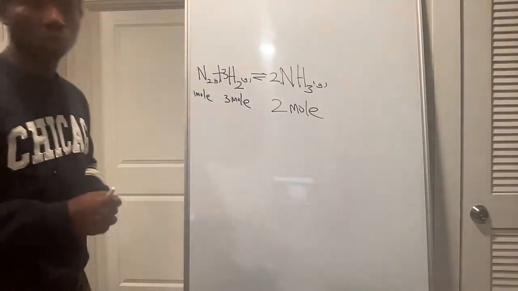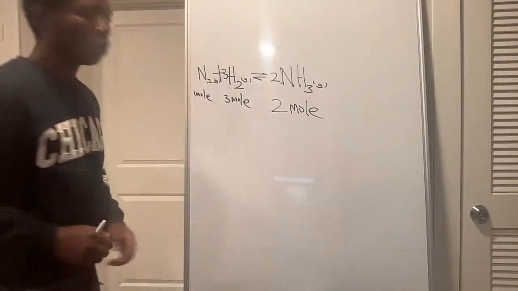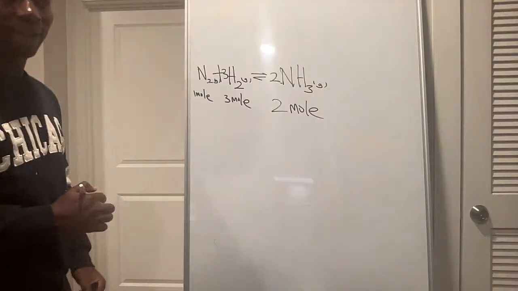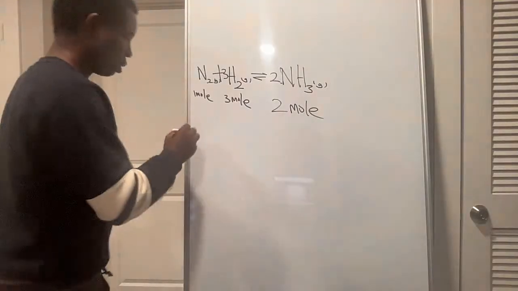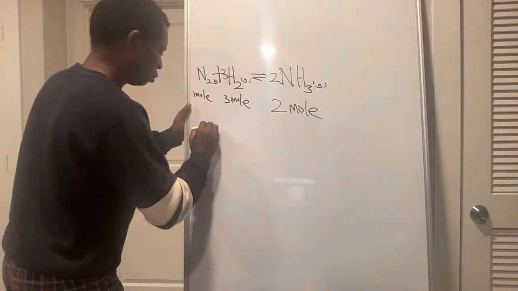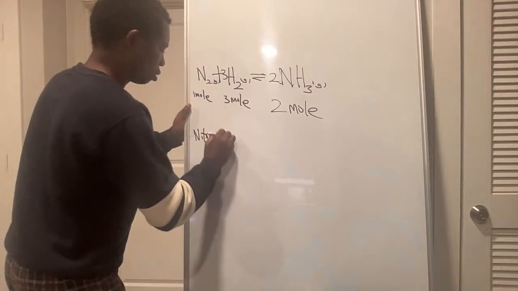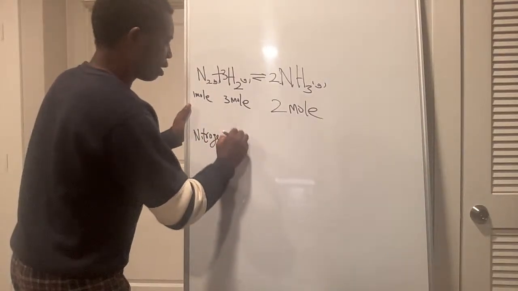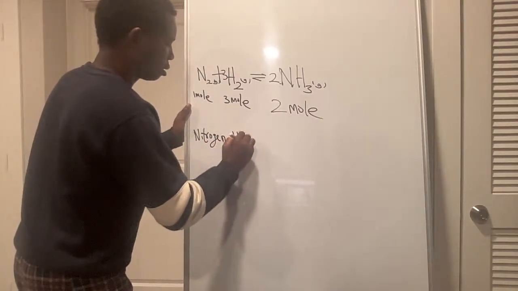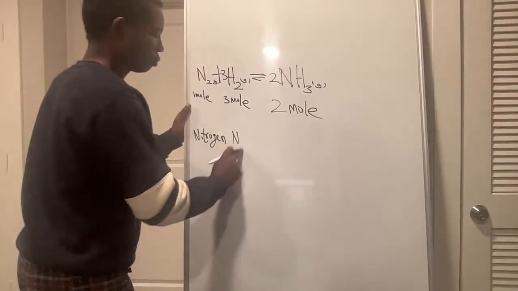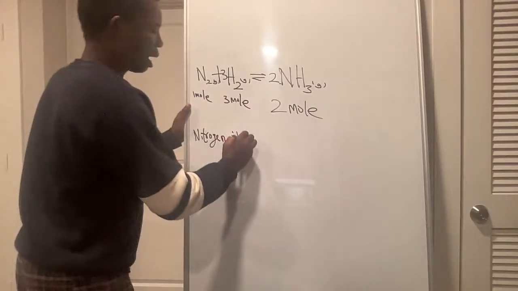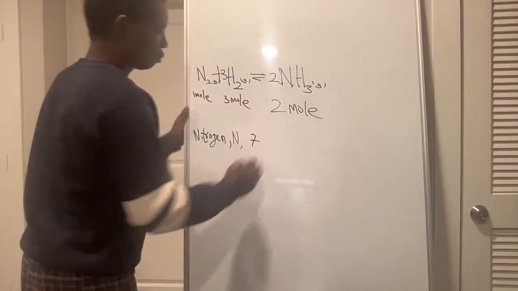Now, let's look at what happened in respect of nitrogen. Why do we have 2 here? What is the atomic number of nitrogen? It's 7. Nitrogen, symbol N, has atomic number 7.